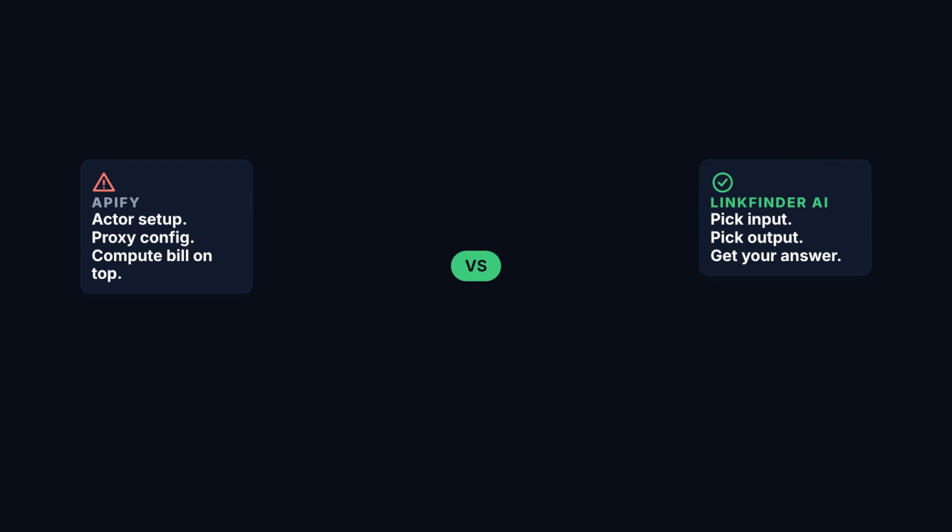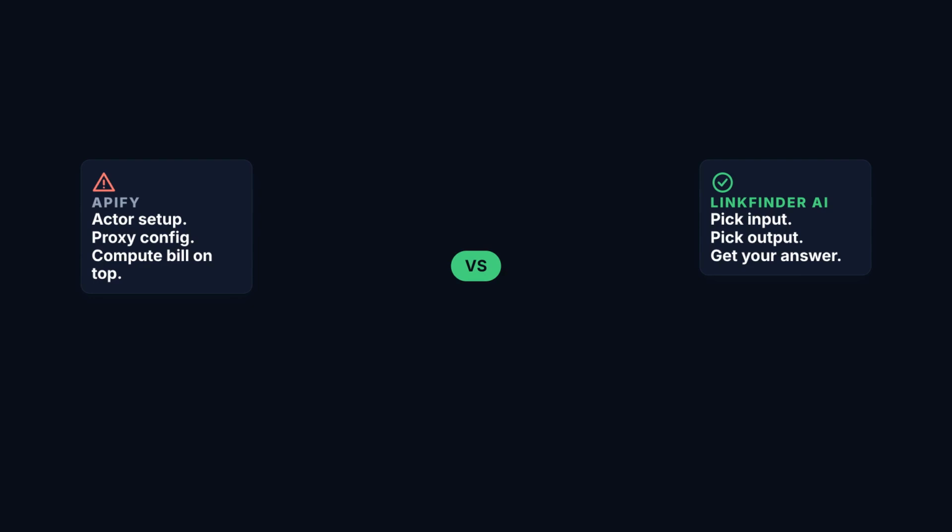For a sales or growth person who just wants a name turned into an email, that's a lot of setup for one lookup. LinkFinder AI does the same underlying job, turning LinkedIn data into usable contact information without any of that configuration. No actors, no proxies, no run settings to get right before your first result comes back.